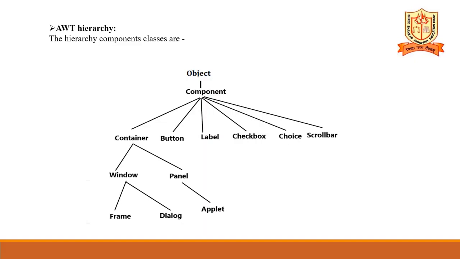Next is the container class which holds other components in it. So these containers are windows and panels. Windows and panels are the containers. Window is divided into frame and dialog box.